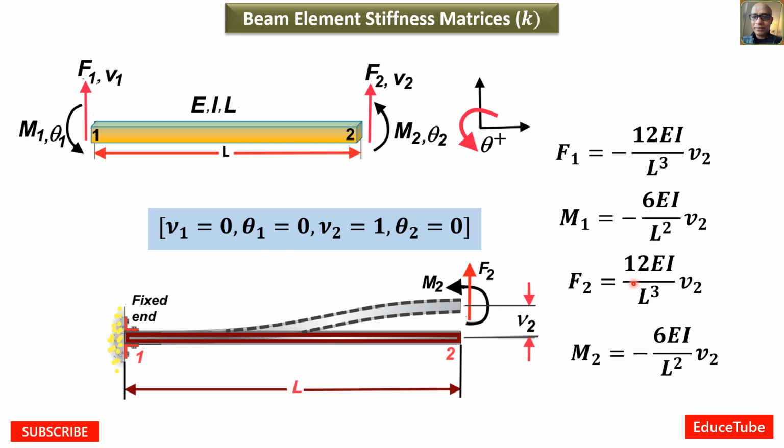So this is our third column. This is our third column of the stiffness matrix.